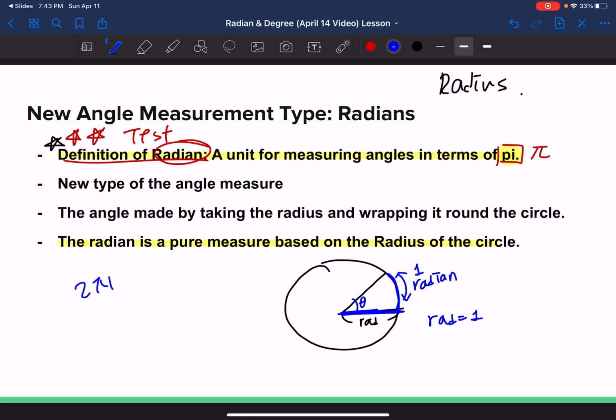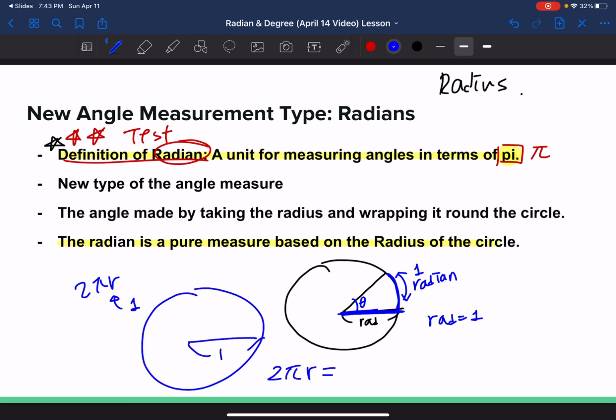If you remember from geometry, circumference is 2 pi r, right? So the whole circle is 2 pi r. If your radius is 1, let me draw here, and you calculate the circumference, it's 2 times pi times 1, which is 2 pi.